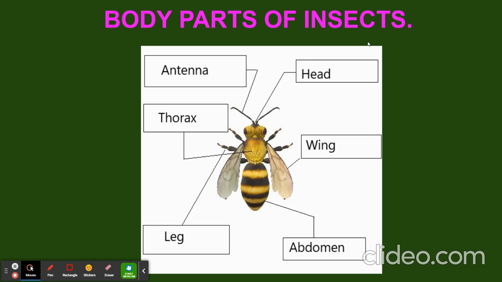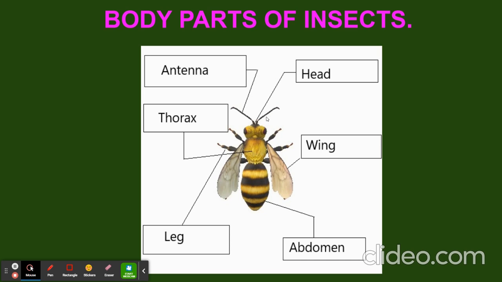Insects have special body parts, right? Insects have three pairs of legs. One, two, three. Three pairs of legs, two eyes, and a pair of antennae.